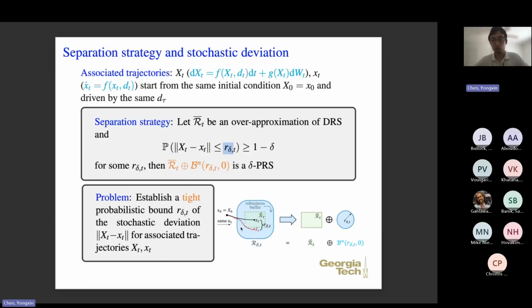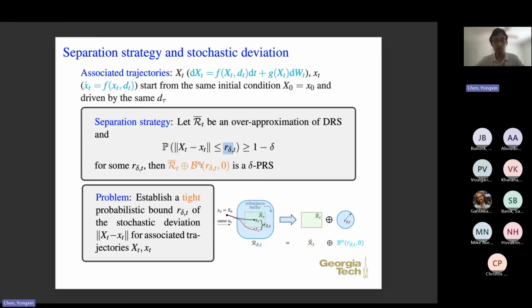And this is the illustration. You compute the reachable set for the deterministic system, and then you compute the radius for this ball. Then you take this type of summation between two sets, which can be done very easily. Then you get a larger set, and you can argue this larger set is going to be a delta probabilistic reachable set of the stochastic system. So this is the strategy.